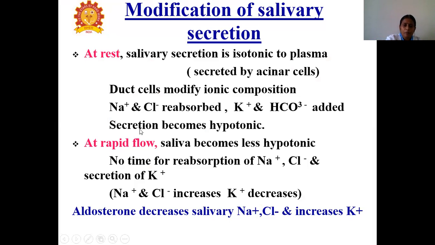At a rapid flow rate, saliva becomes less hypotonic. Normally the secondary secretion is hypotonic to plasma, but when it passes at rapid flow, the saliva becomes less hypotonic because there is no time for the reabsorption of sodium and chloride as well as secretion of potassium ion.